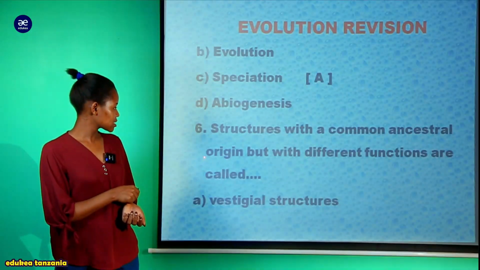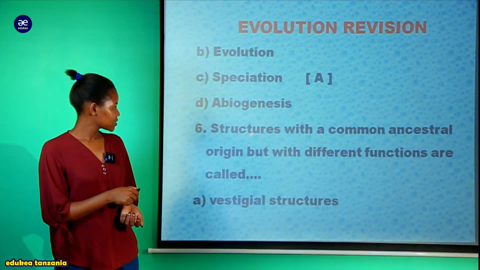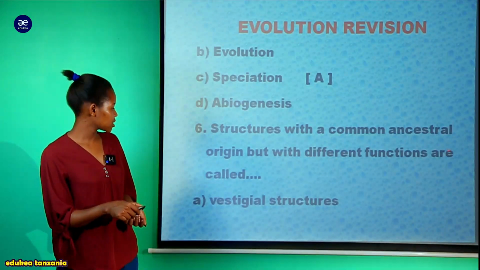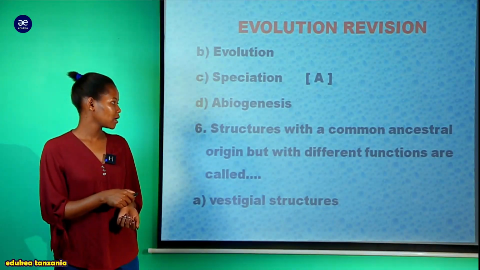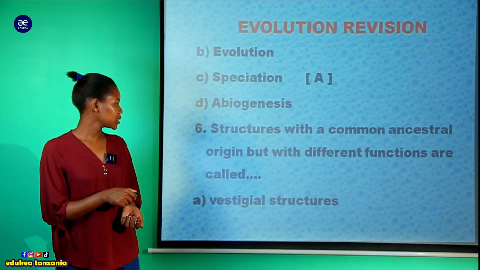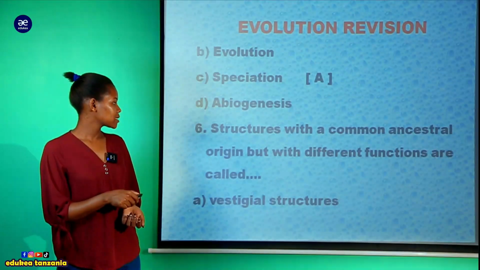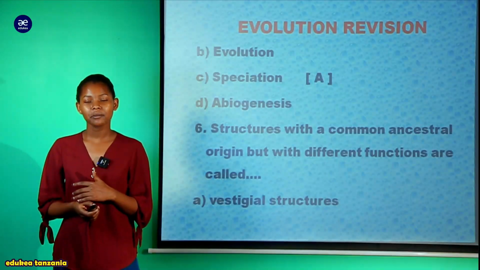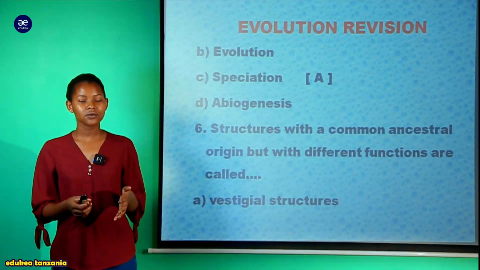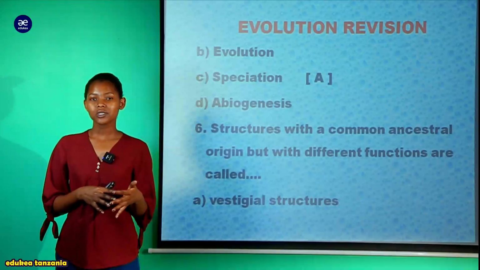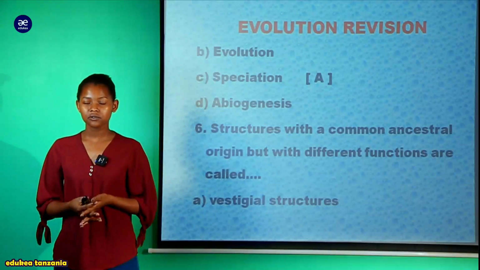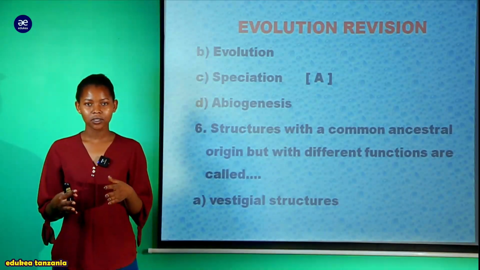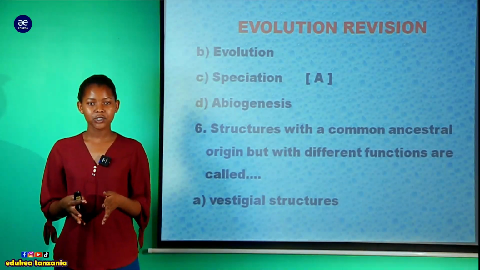And in question number 6, you can see structures with a common ancestral origin but with different functions are called dash dash. I already talked much about that. We have talked a lot about these structures which have common origin but different functions. When we talk about common origin we mean homo, same, homologous structure.